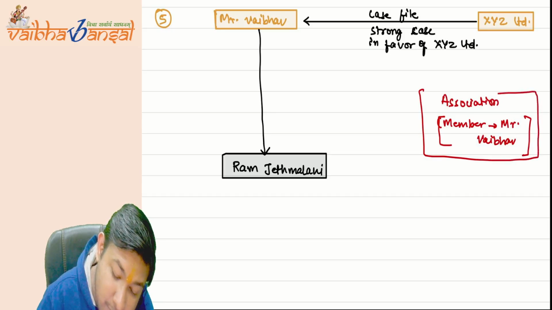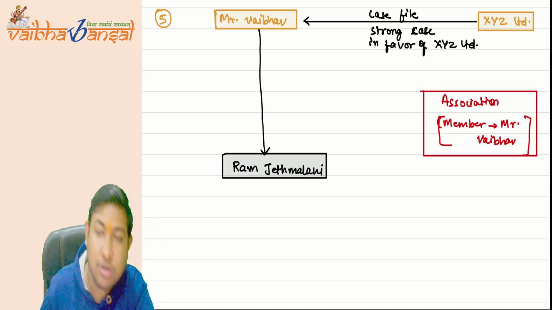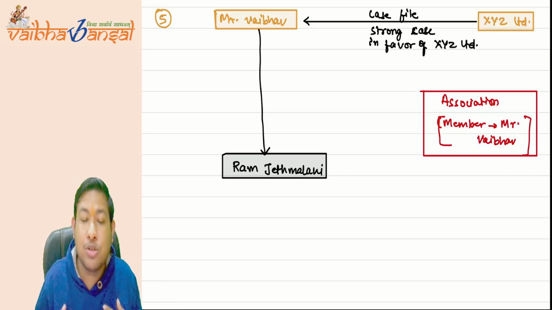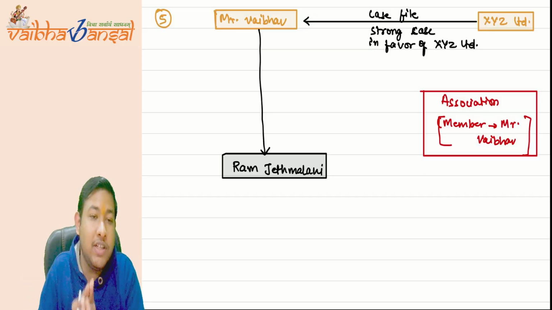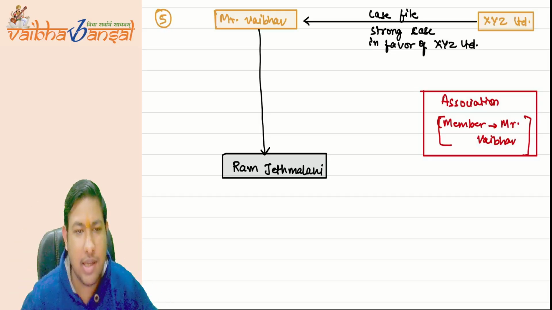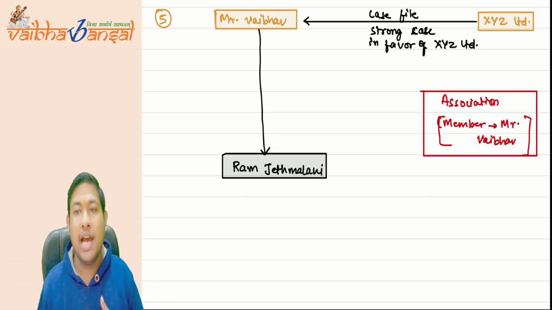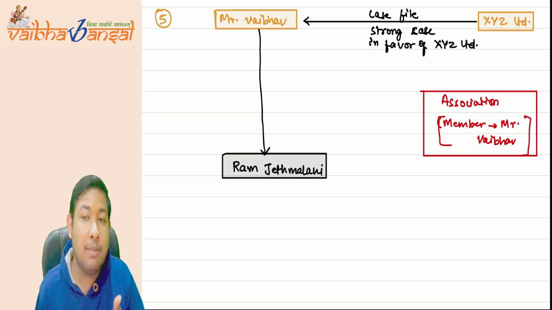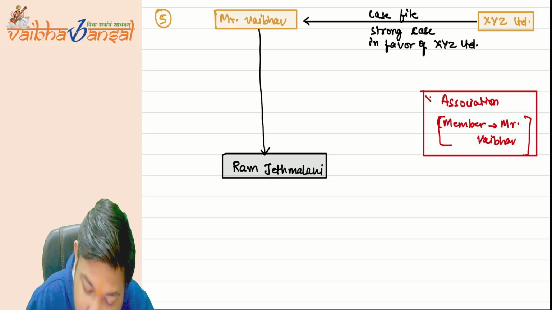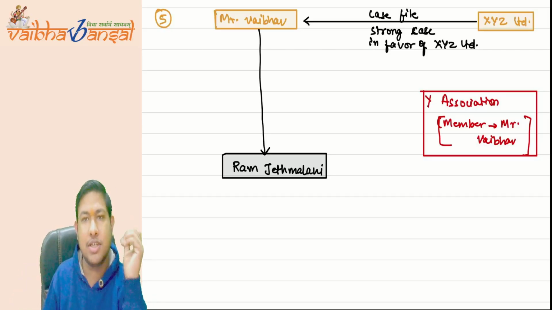Mr. Ram Jethmalani is also very influenced by this association. He also wants to associate with it and help it in any manner he can. Fortunately, I am a member of this association. Suppose the association's name is Y Association.